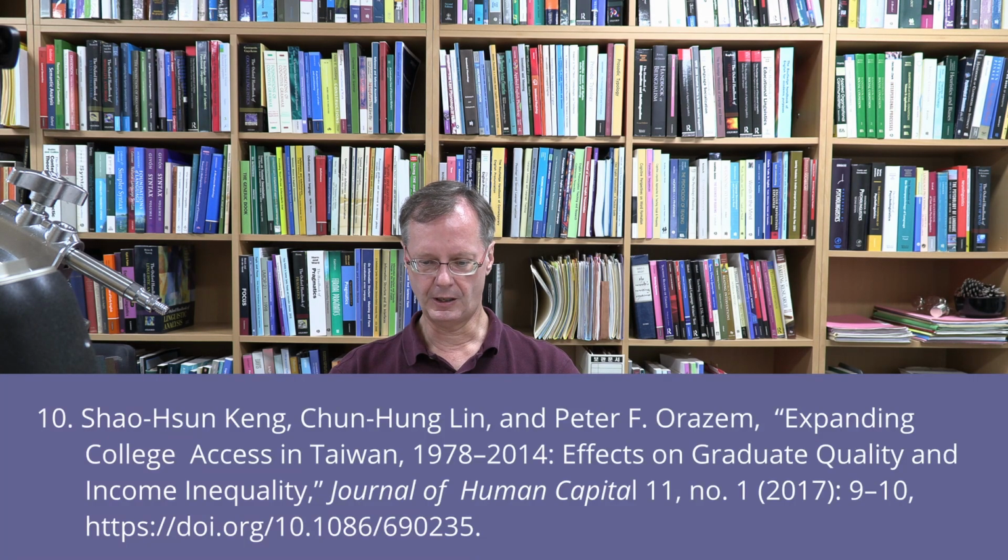Next we have this Kung, Lean, and Ozrim. The title of the article, "Expanding College Access," blah, blah, blah. A long title, but that's not unusual for academic research articles. Journal of Human Capital, that's the journal or publication. 11 is the volume number, number 1, 2017, pages 9 through 10.